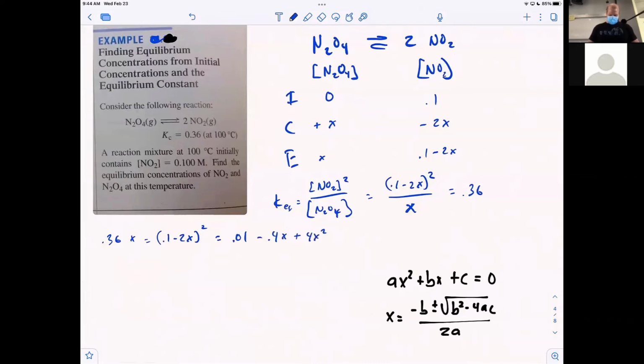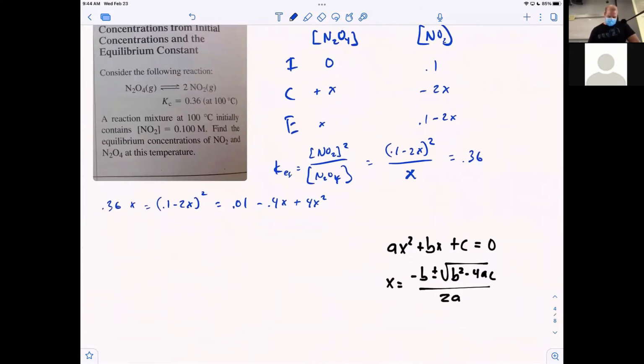You can also subtract 0.36x from both sides, so let me write it this way: 4x squared minus 0.76x plus 0.01 equals 0.